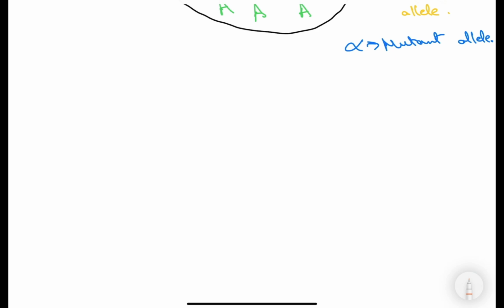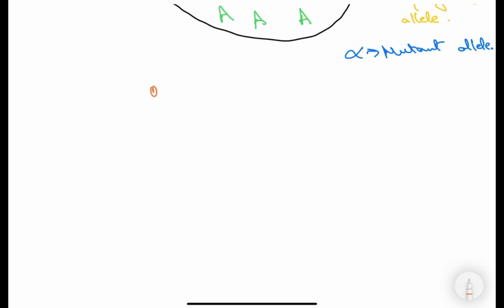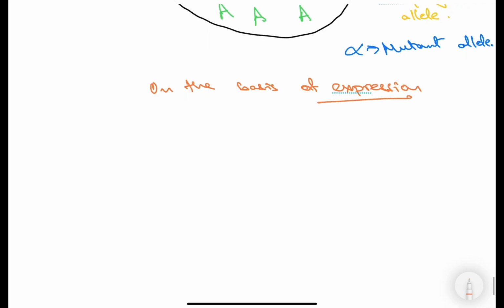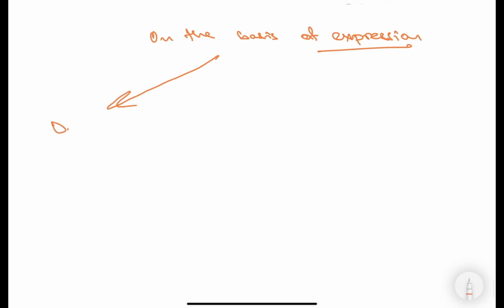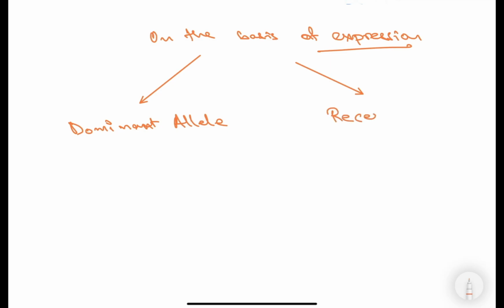So on the basis of expression, alleles can be classified into 2 types: the dominant allele and the recessive allele.